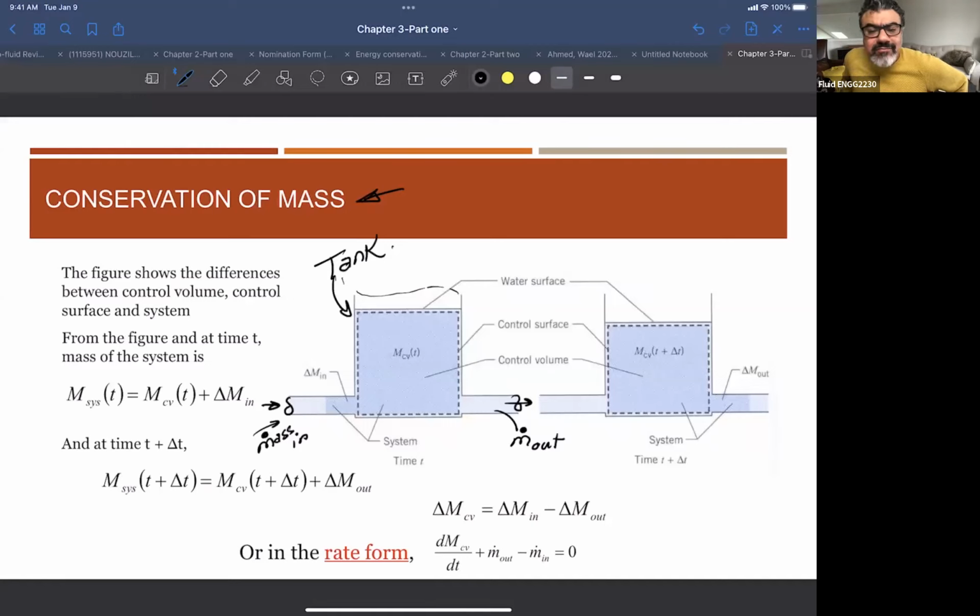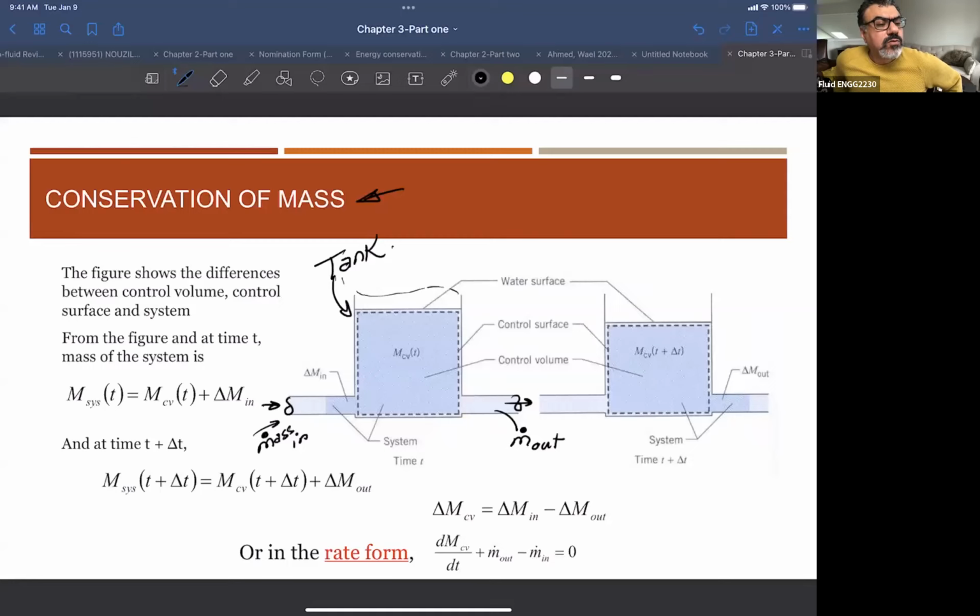What do you think about the level of the water inside this tank? Increase or decrease? Increase. Anybody else? Anyone have a doubt that it is going to decrease? No, right? How about if I have mass out that is much more than what is coming in?